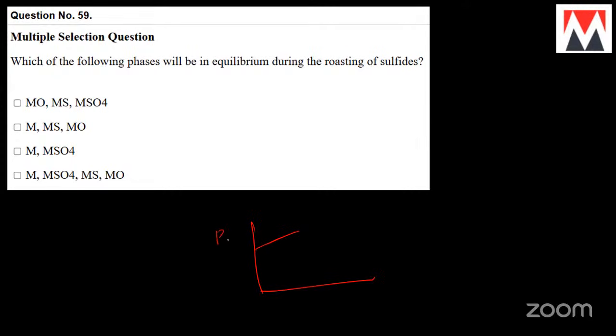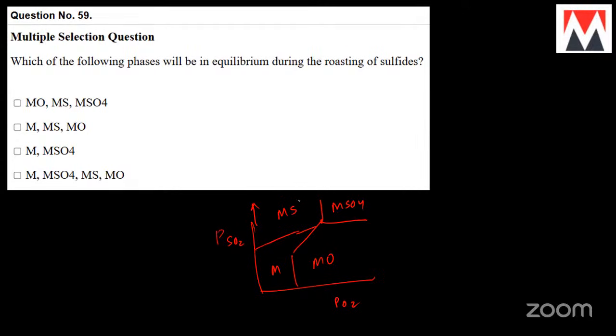This is PS2, PSO2, and this is PO2. This is your pure metal. This will get converted into oxide. At higher temperature, both metal sulfates will occur, right? Both can occur together, and you will have metal sulfide at high pressures here.